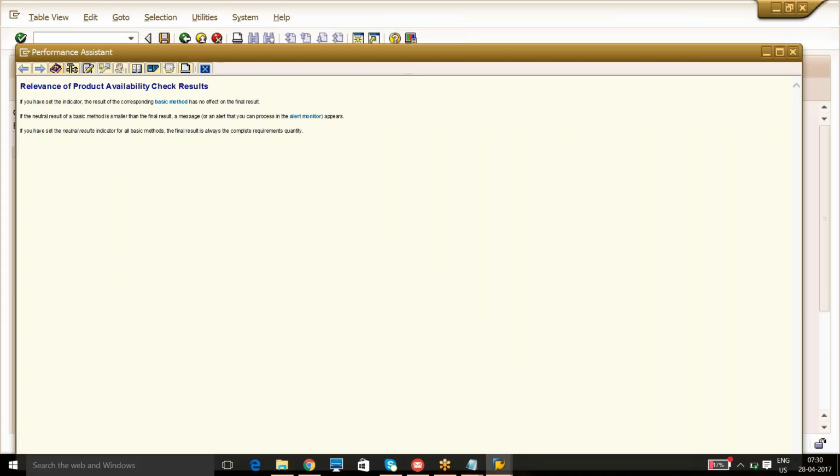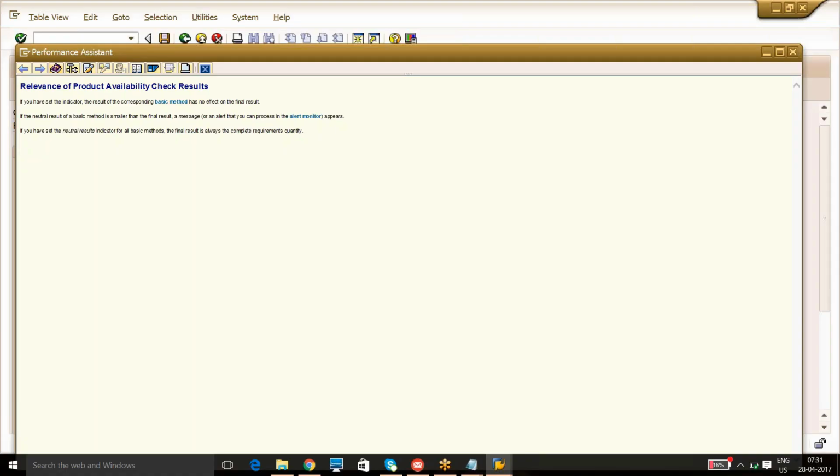If you have set the indicator, the result of the corresponding basic method has no effect on the final result. So I said right: if you are using these three, we expect three different types of dates, am I right?